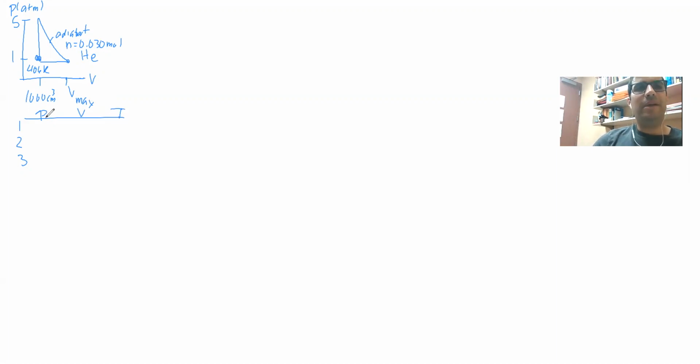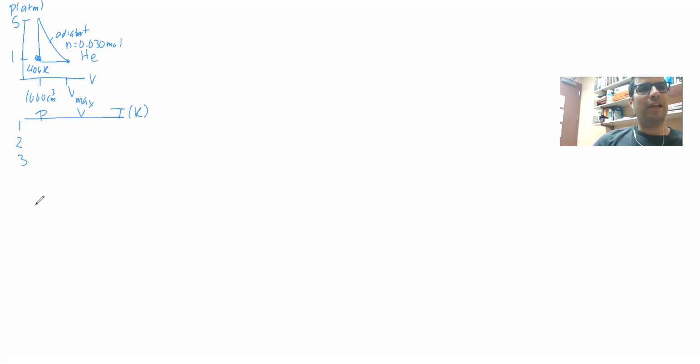I would recommend that you work in Kelvin for temperature. The pressure and the volume can stay in atmospheres and cc's as long as this isn't gauge pressure, because when we're going from 1 to 2 to 3 and then back, there are only ratios. So as long as you work in absolute scale, you're fine.